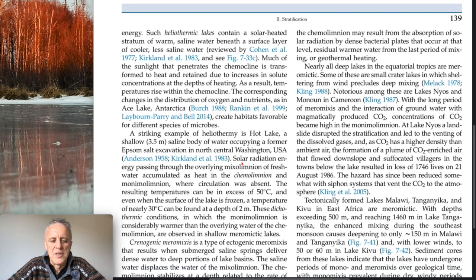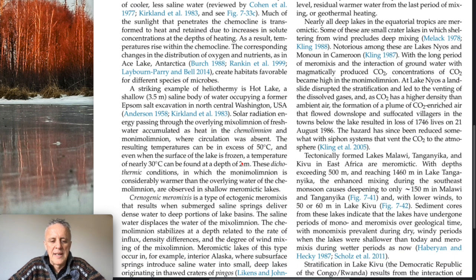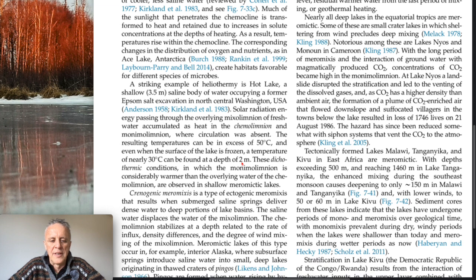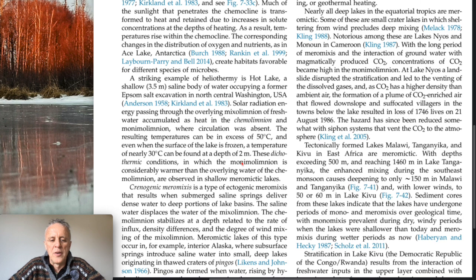The corresponding changes in the distribution of oxygen and nutrients, as in Ice Lake, Antarctica, create habitats favorable for different species of microbes. A striking example of heliothermy is Hot Lake, a shallow 3.5 meter saline body of water occupying a former Epsom salt excavation in north central Washington.